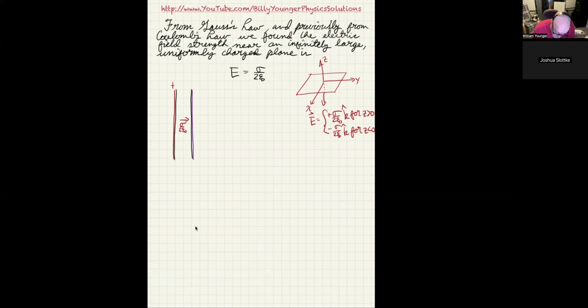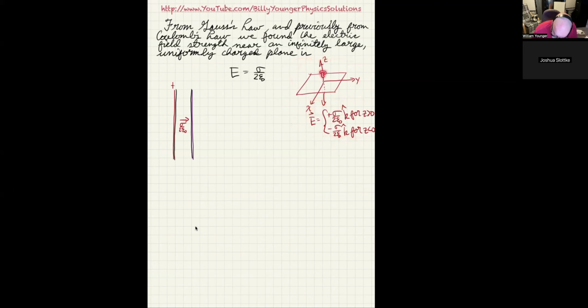What about over here? Again, just thinking of the positive plate, what direction will the electric field point over here? Would it continue to point to the right? Check out this expression. This applies to this plane.